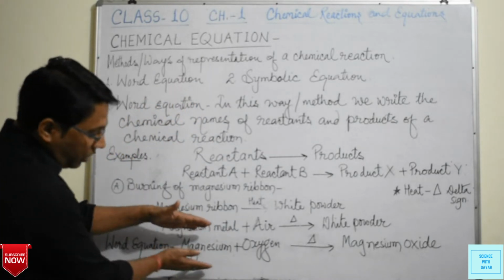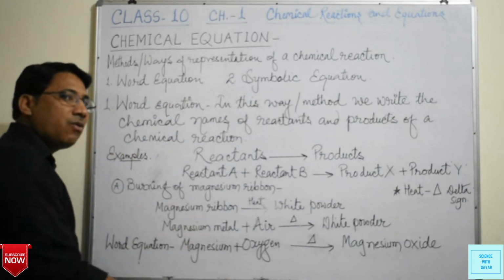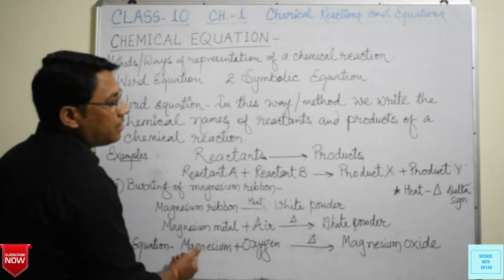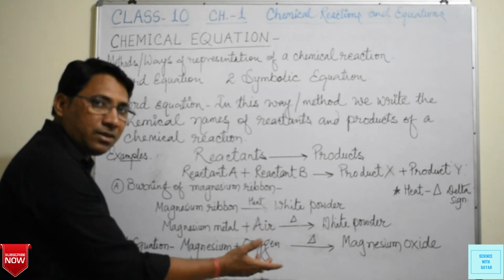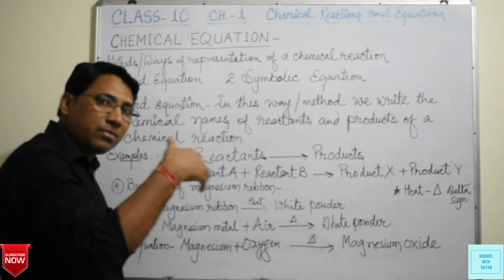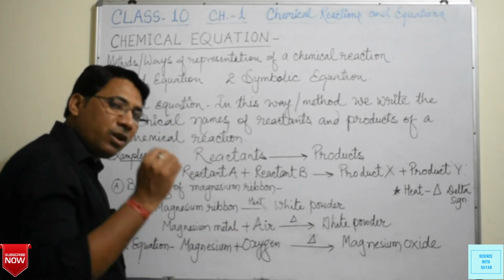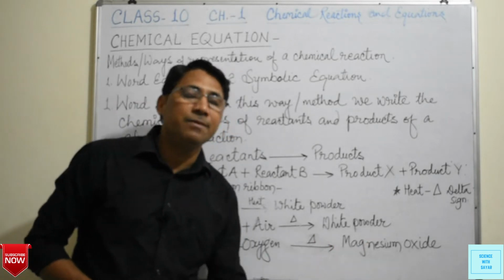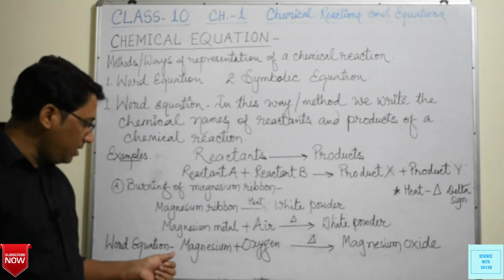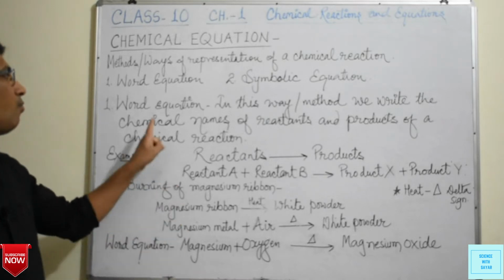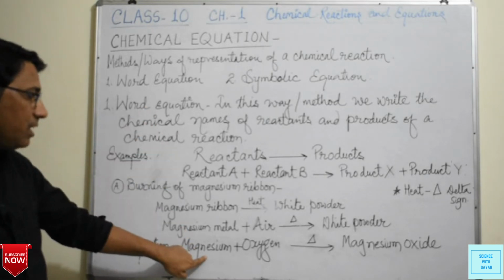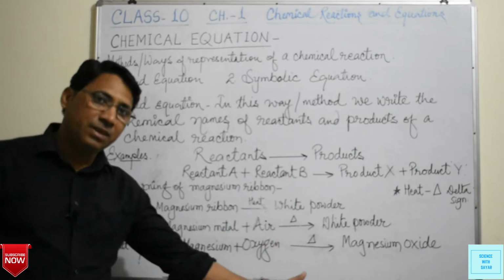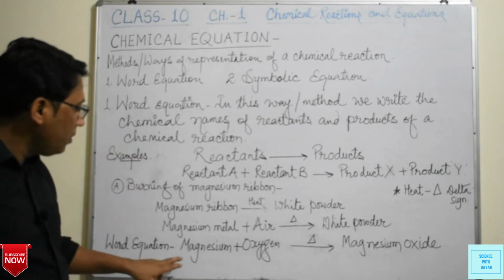This is known as a word equation because we are using the chemical names of the reactants and products. The reactants are magnesium and oxygen. We are not putting their symbols, only the chemical names, and a new substance, magnesium oxide, is formed.